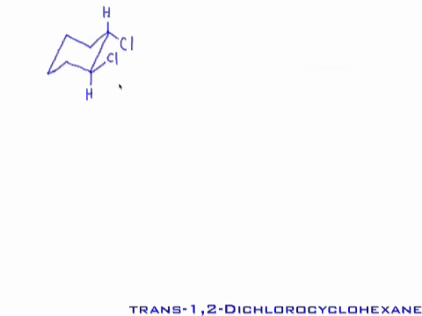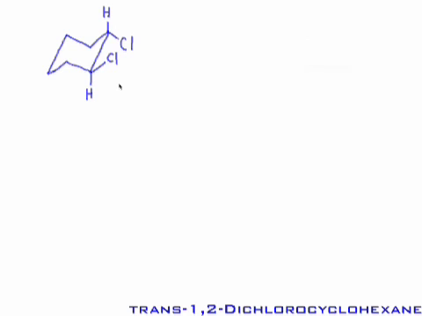Now let's try looking at 1,2. And let's just put the chlorines on in any fashion. Let's add the hydrogens as well. Let's start with the hydrogens axial, just for fun. And I'm going to draw the chlorines in the proper equatorial position. If I drew this chair conformer of 1,2-dichlorocyclohexane, could you tell me very quickly whether it is cis or trans?